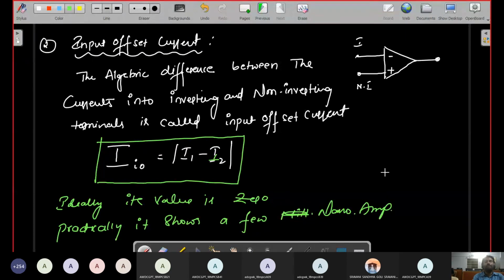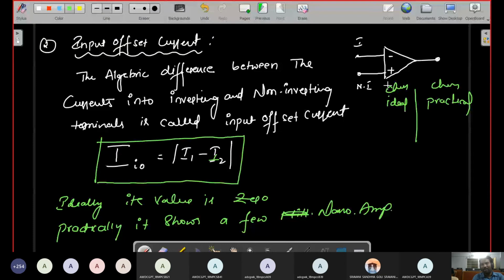We always have two types of operational amplifiers: the first one is the ideal amplifier and the second one is the practical amplifier. So practical characteristics and ideal characteristics are different. It is not similar.